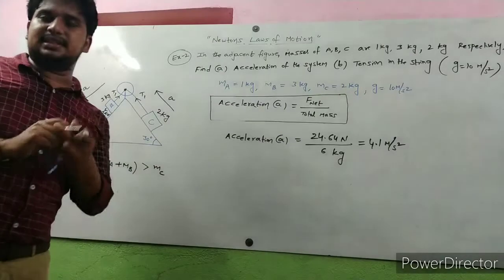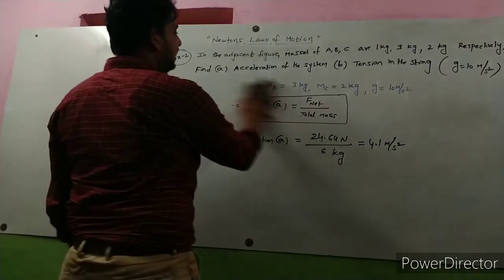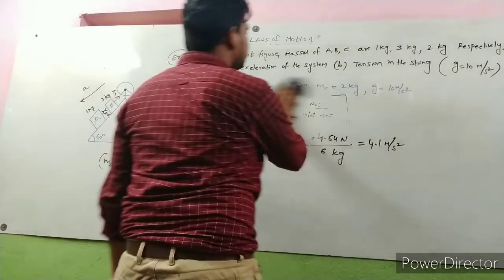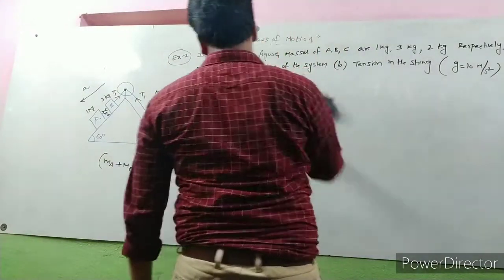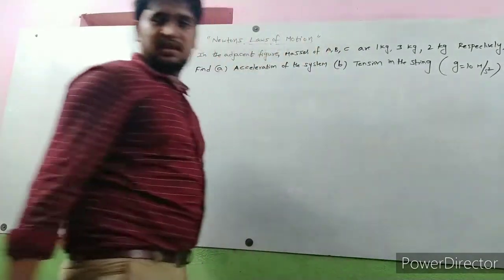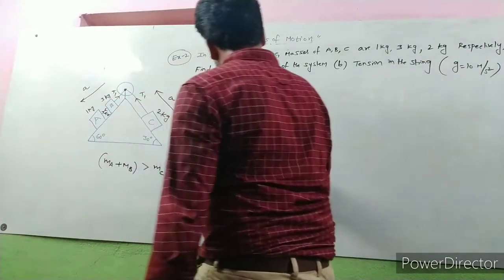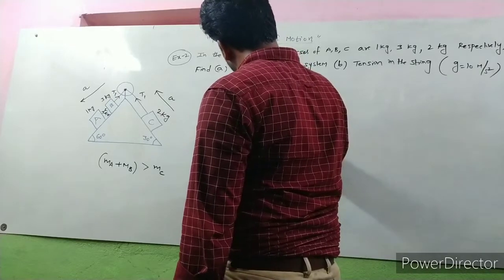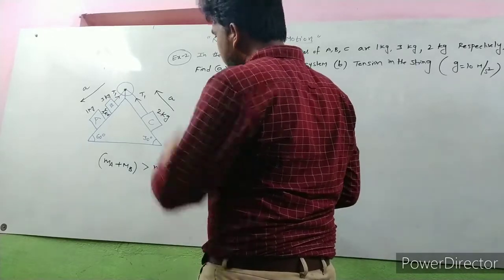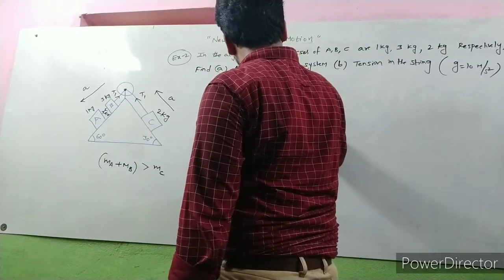Next, tension in the strings. How to find tension in the strings? For finding tension in the strings, first consider block B. This is a tension T1.